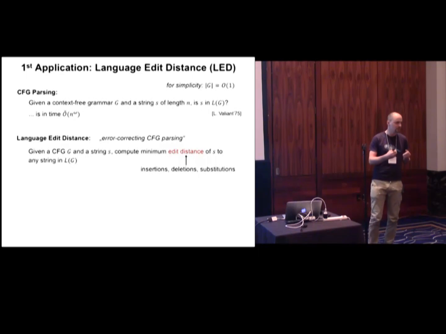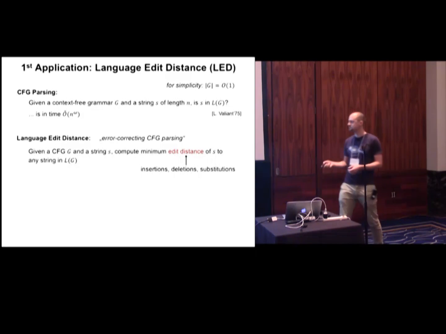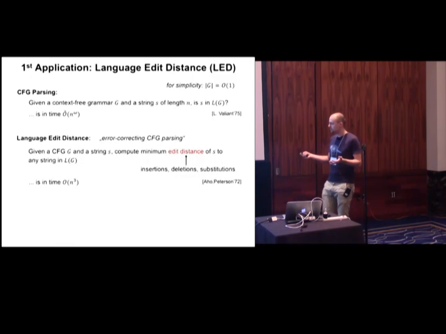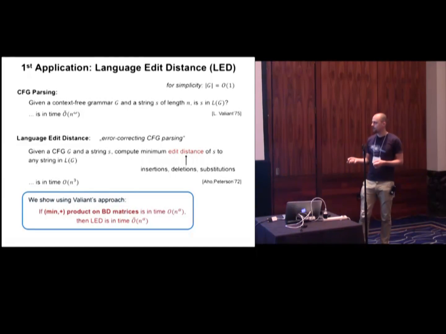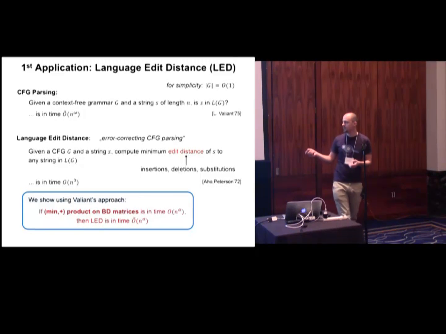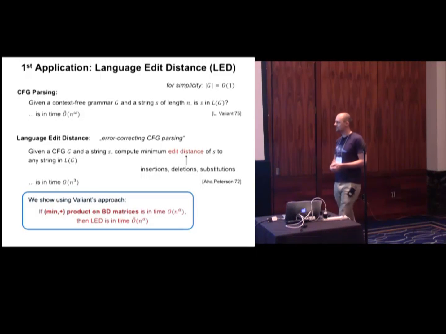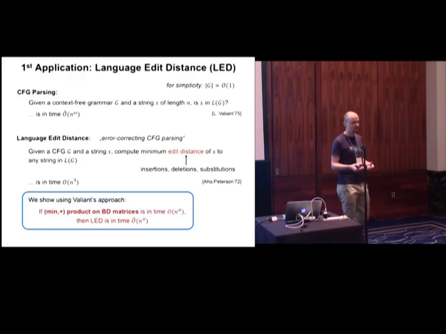So you want to correct errors that the string S contains. Now there's a classic cubic time algorithm by dynamic programming from '72. One of our contributions is that if the min plus product on bounded difference matrices is in n to the alpha time, then language edit distance can be solved in roughly the same running time.